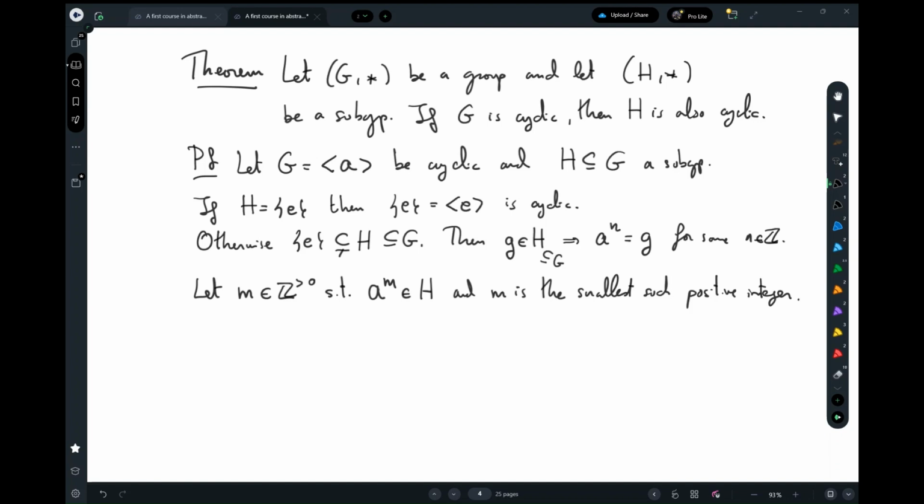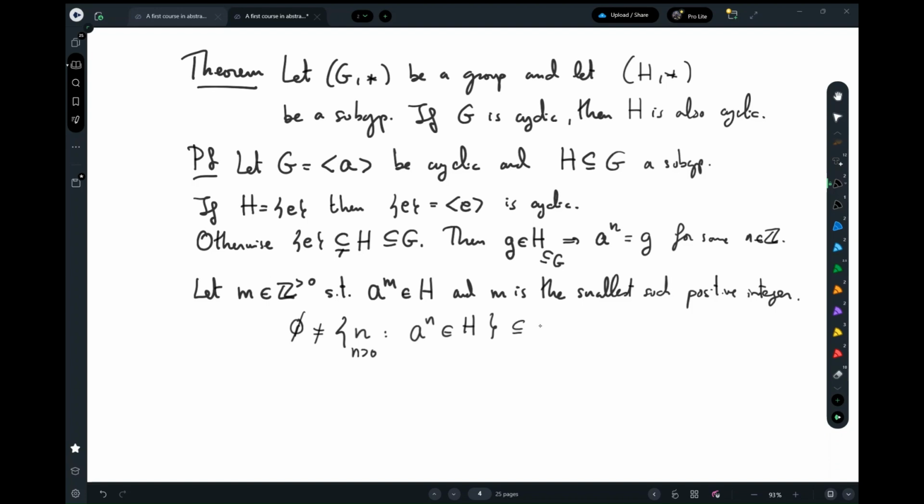By the way, why do we know this exists? This is because I can just take values of n such that a to the n is in H, and n is bigger than 0, then we know there is something in H. So this is not empty.